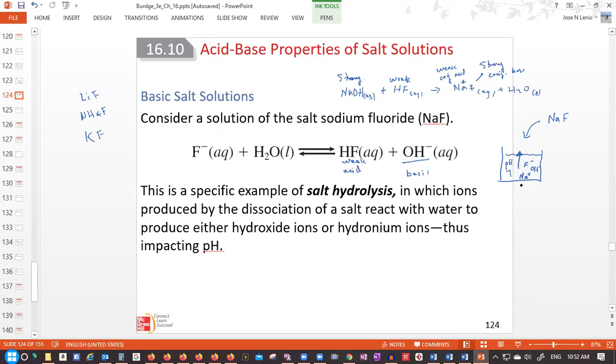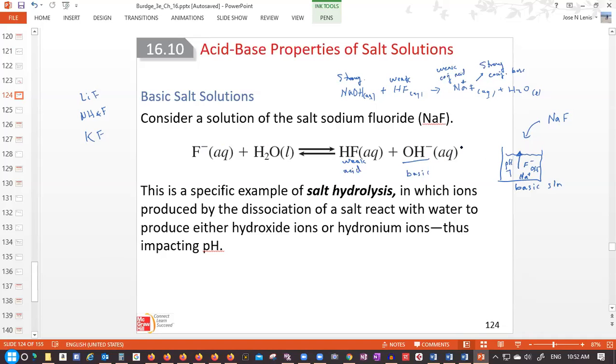So we say we have a basic solution because of the OH minus. And the OH minus came from hydrolysis of the salt, F minus. So that's the analysis we need to make.